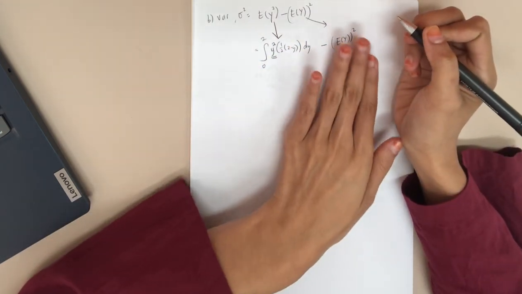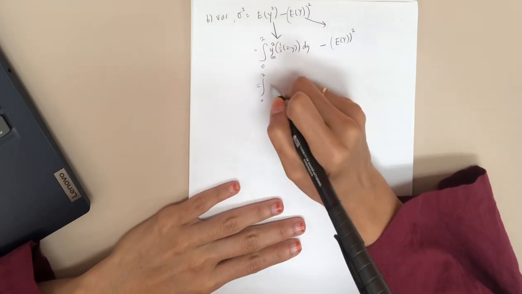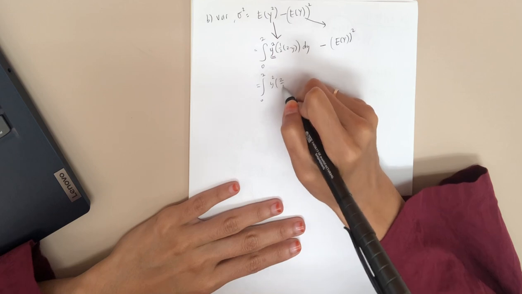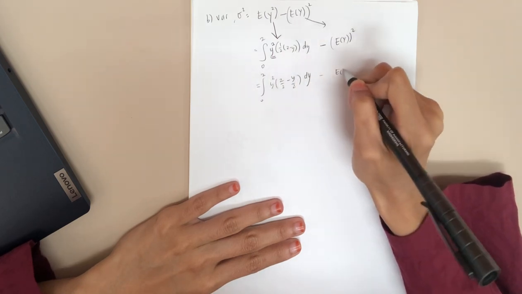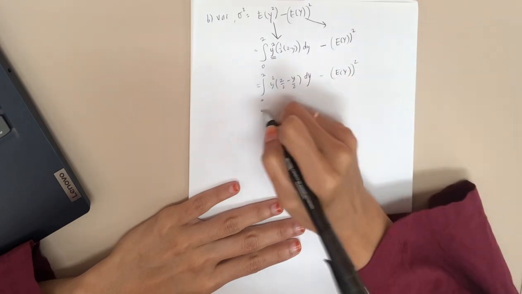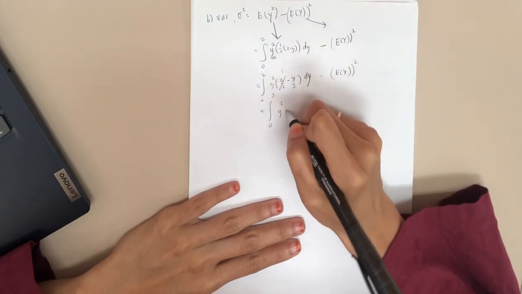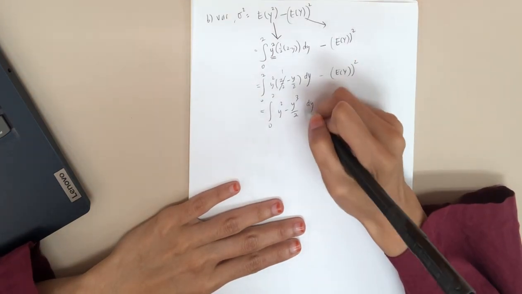We just leave it first. We do this one first. Same also, you expand this one, so y square, and this one becomes 2/2. And then this one is 1, from 0 to 2, so this one is y square, this one is y cube, dy.